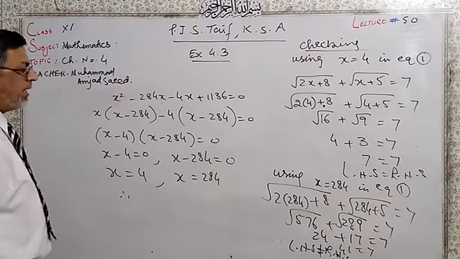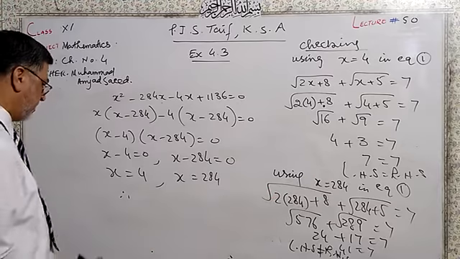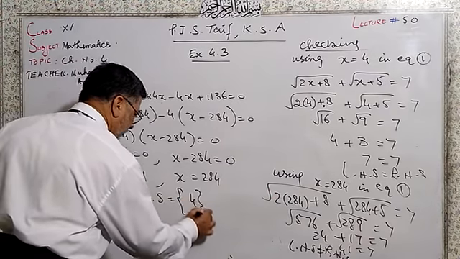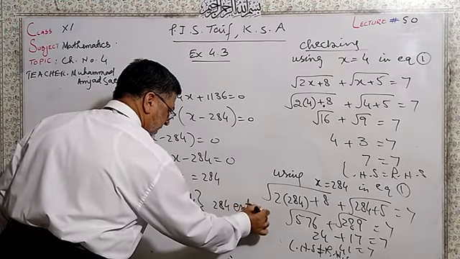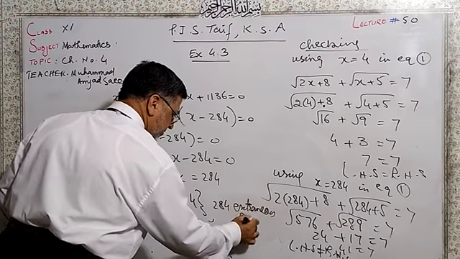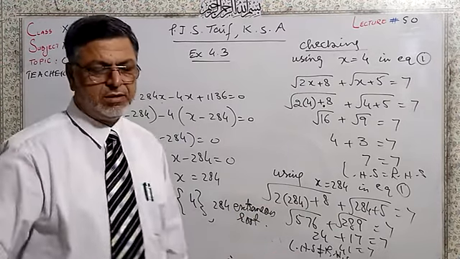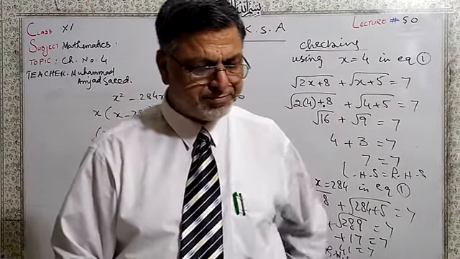Therefore, x is equal to 284 is the extraneous root. Therefore, solution set is equal to 4, and 284 is an extraneous root. So this was your question number 3, exercise 4.3.